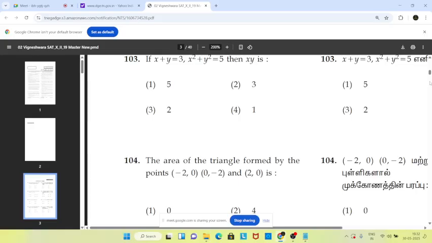Without touching your pen, you can do this question, just by doing some calculation in your mind.